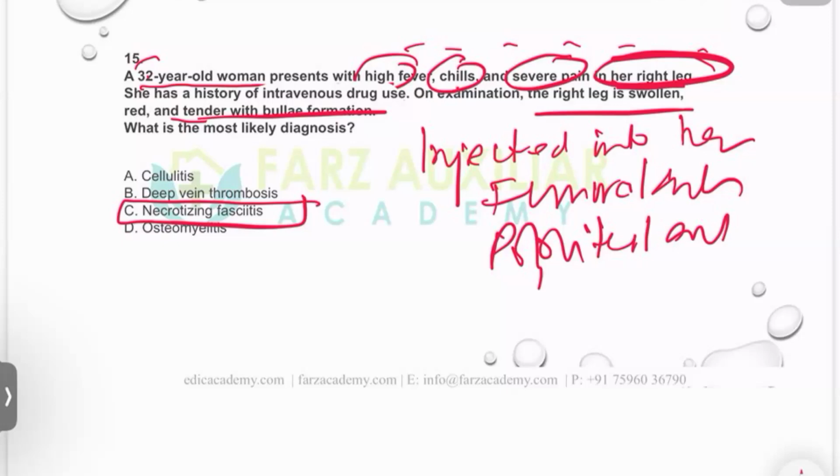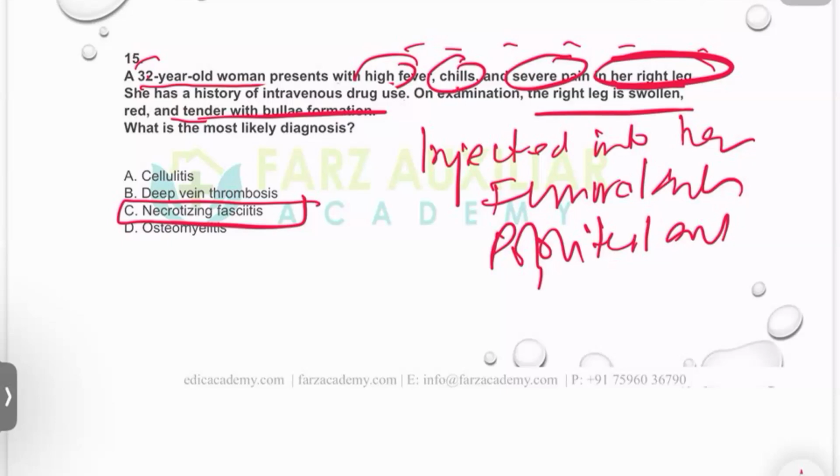Many times you just have to cut open the compartment, and sometimes amputation also needs to be done. It is a very deadly disease. Unless you treat fast and hard, this patient is not going to survive. This sepsis will lead to death of this patient.